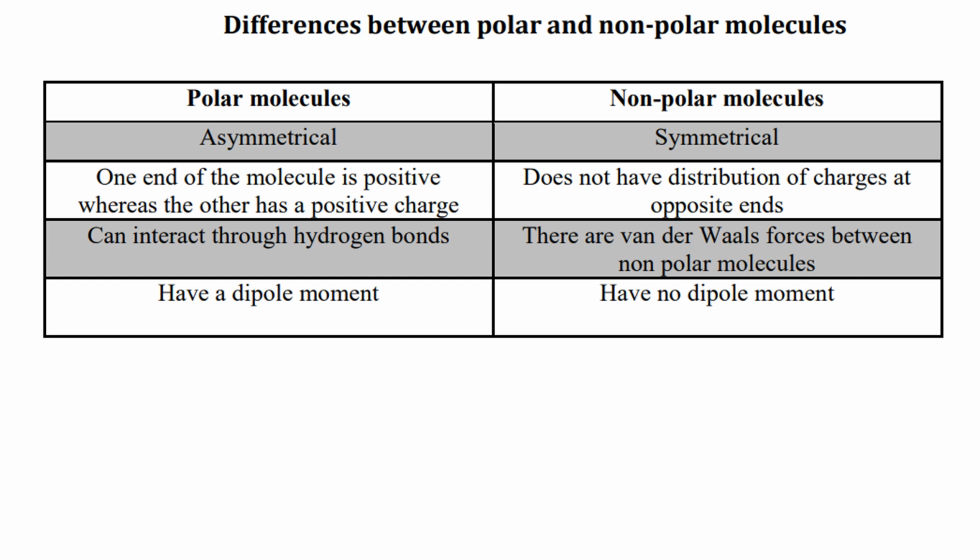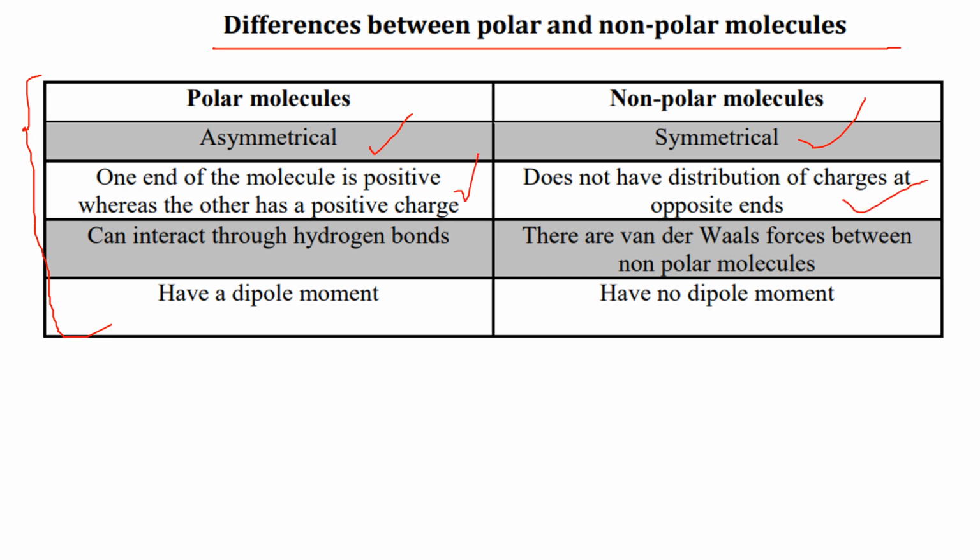So we are going to finalize structure and bonding with the following table, the differences between polar and nonpolar molecules. The polar molecules are going to be asymmetrical, but the nonpolar molecules are always going to be symmetrical. In polar molecules one end of the molecule is going to be positive, whereas the other end is negative, whereas nonpolar molecules do not have a distribution of charges at opposite ends.